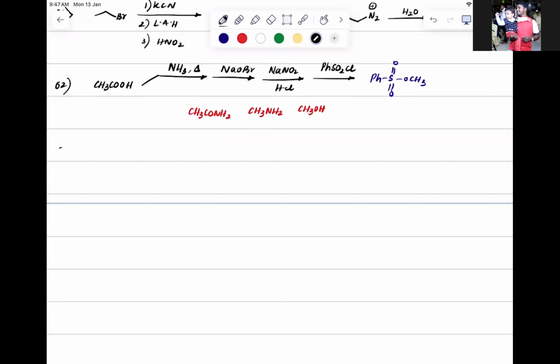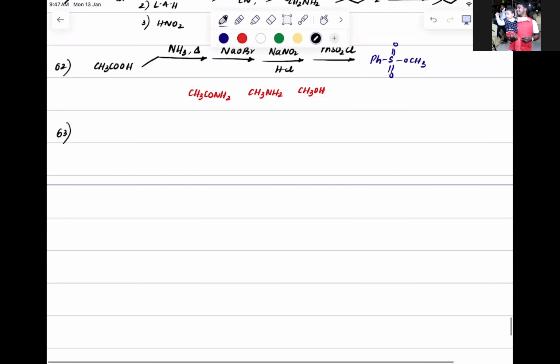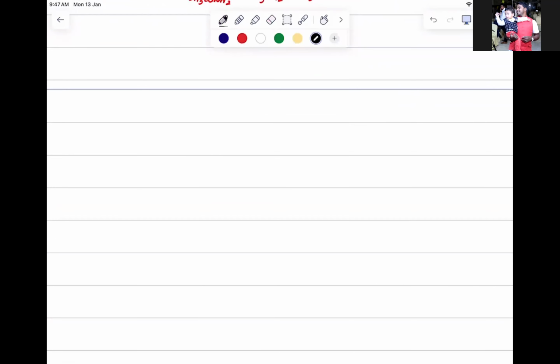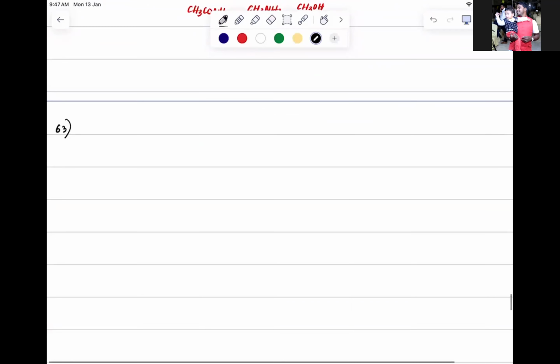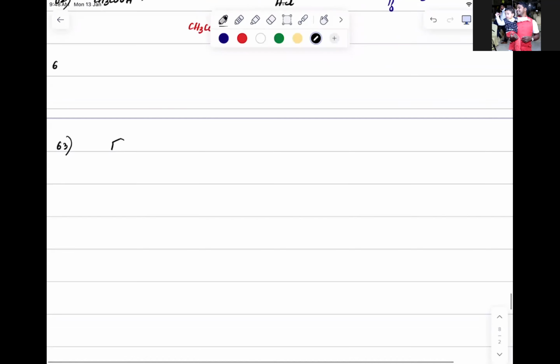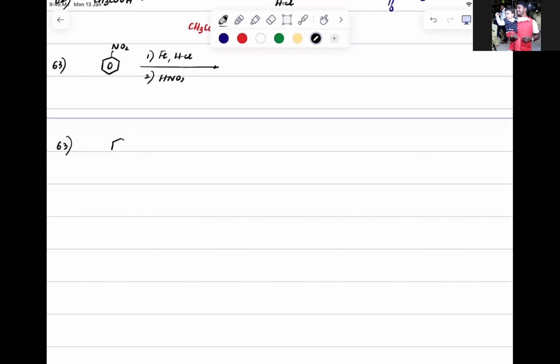Next, 63. Got it. I'll write it here. Suppose I have a nitro group here, and it is said the first reaction is Fe and HCl. Second reaction is HNO2.